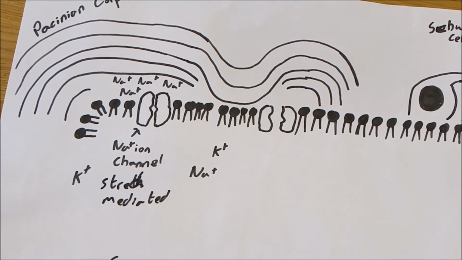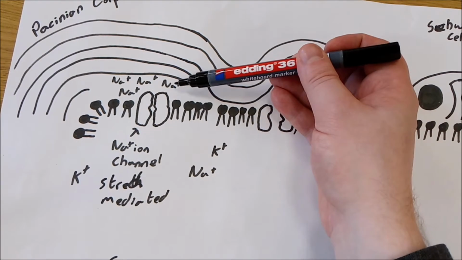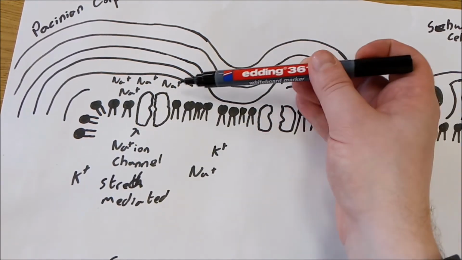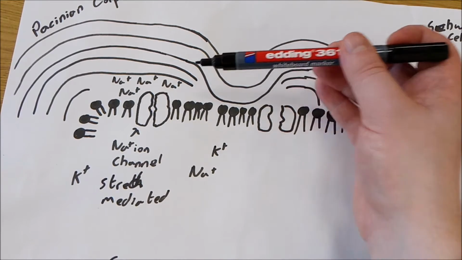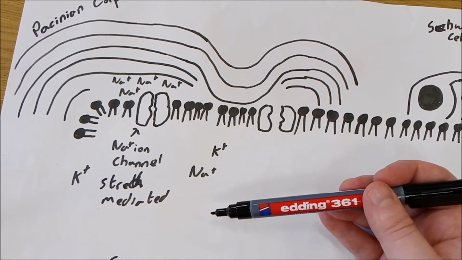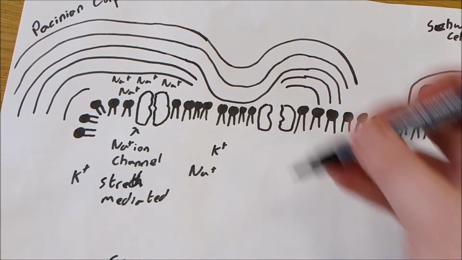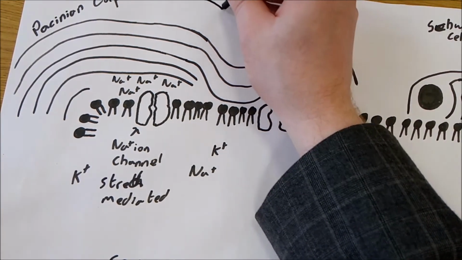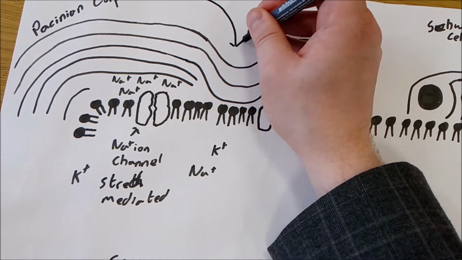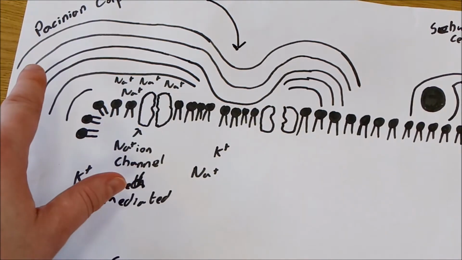Inside of the membrane, it has fewer sodium ions on the inside than on the outside. So the outside is relatively positive in comparison to the inside. If we think about this Pacinian corpuscle, we can put some pressure onto it, and that causes parts of it to deform.